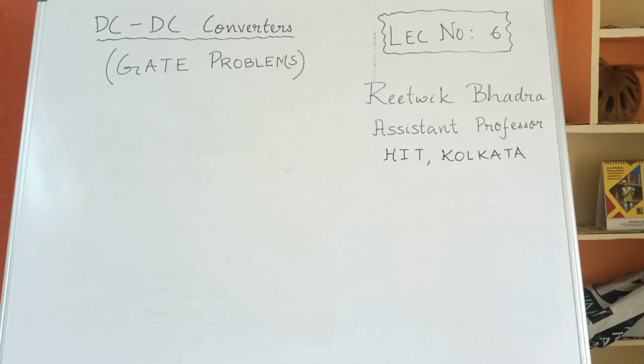So I have explained you all the DC to DC converters and have derived the necessary equations that will be required to solve the problems addressing a DC to DC converter. So in our next lecture, we will be using those formulas that we had already derived in addressing some of the gate problems.